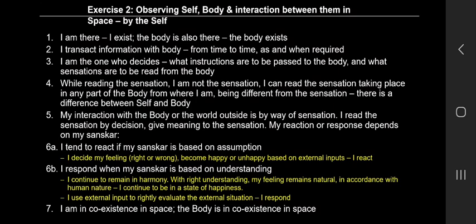So justice in relationship will be a natural outcome. Participation in larger order will be a natural outcome. What we need to do is work on our sanskar. For that, I need to be in a state of pure observer. And exercise 1 is helping us to be in a state of pure observer. So once that is done, the rest of the things will be a natural outcome.